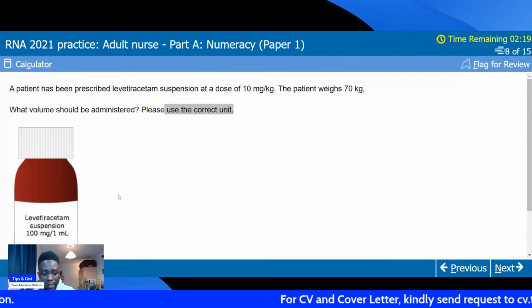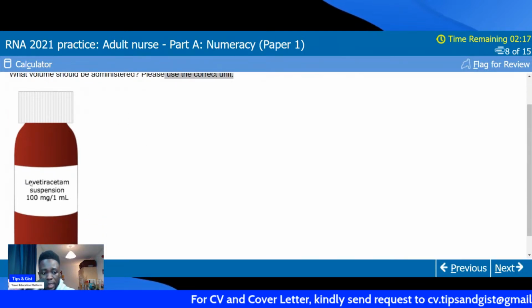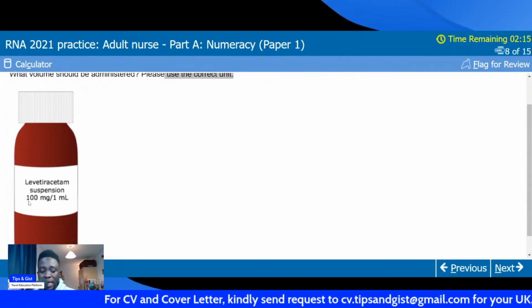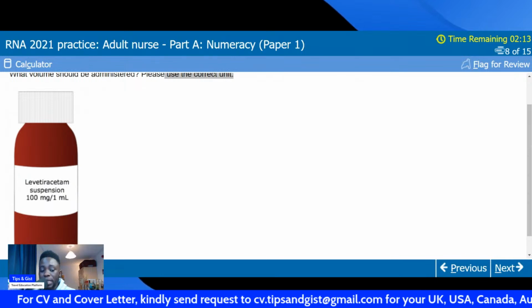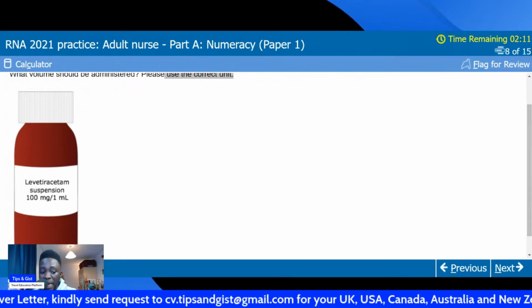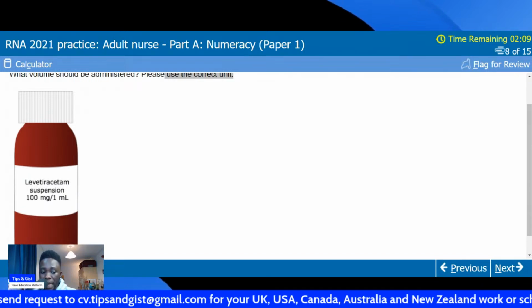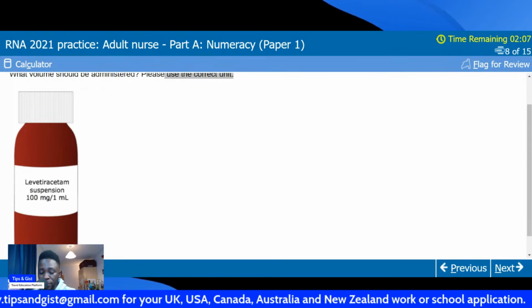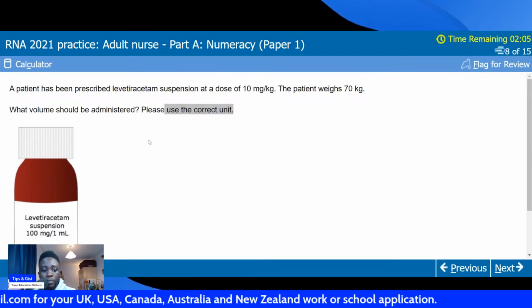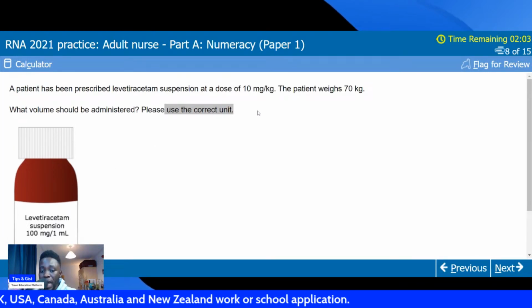Now let us leave the question and come to the label on the drug. They said 100 milligram is 1 mil. All right, that is what we have to note. Now we are coming back. We have to note how much the doctor has prescribed.